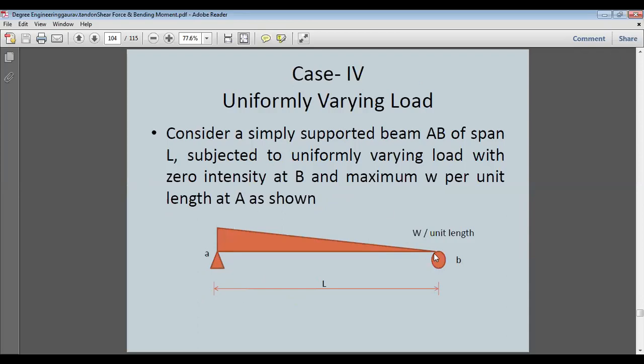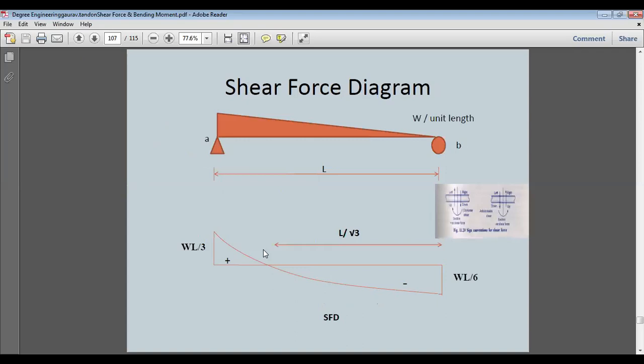You can see at point B there is no load, and it is maximum up to point A. We have discussed earlier in the case of a cantilever beam that the resultant acts at 1 by 4th of the beam. On the right hand side we have a vertical upward reaction, that is negative shear force.